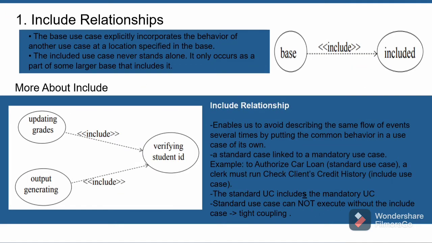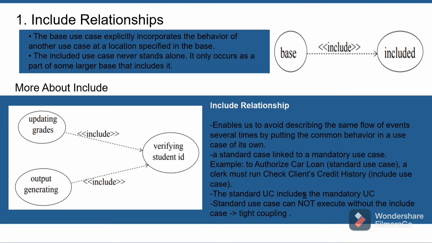Include relationships. The base use case explicitly incorporates the behavior of another use case at a location specified in the base. The included use case never stands alone. It only occurs as a part of some larger base that includes it. Include relationships enable us to avoid describing the same flow of events several times by putting the common behavior in a use case of its own.